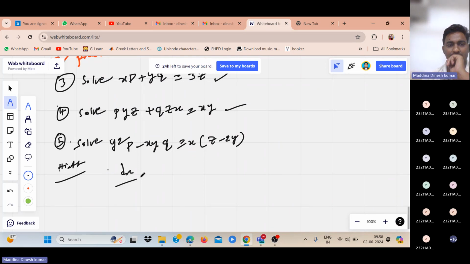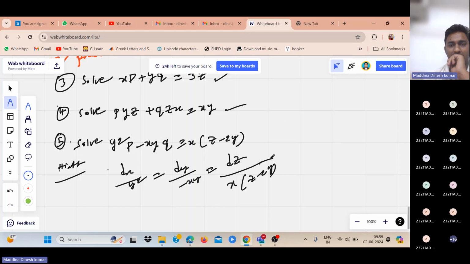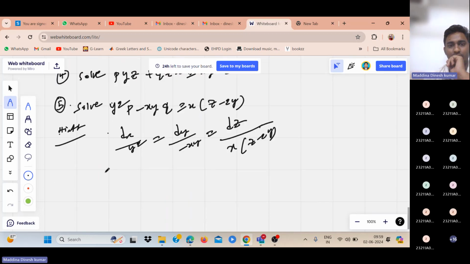First we will get dx by y square, dy by xy equal to dz by x into z minus 2y, okay? First compare these two terms, 1 comma 2. Next 2 comma 3, okay?